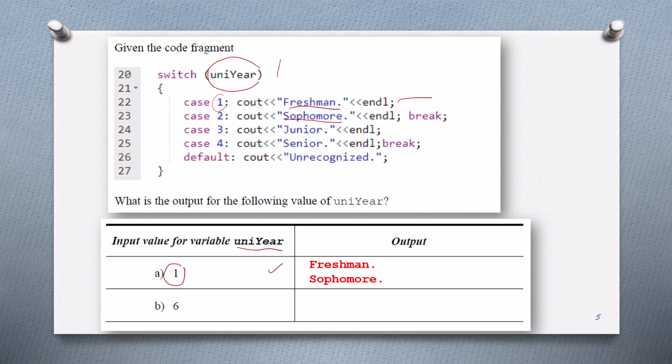Next one. If uni year is 6, go and find if it matches 6. 1, 2, 3, 4. No matches. So when there is no matching value, it will straight away go to the default section, and it will display unrecognized.